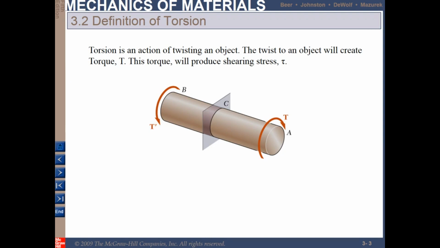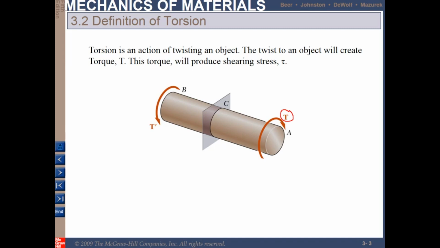So that means we are twisting this solid. So when we are twisting the solid, we are expecting that this object will break and create a plane like this.